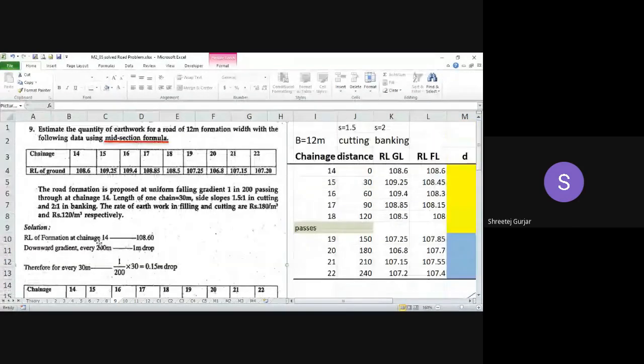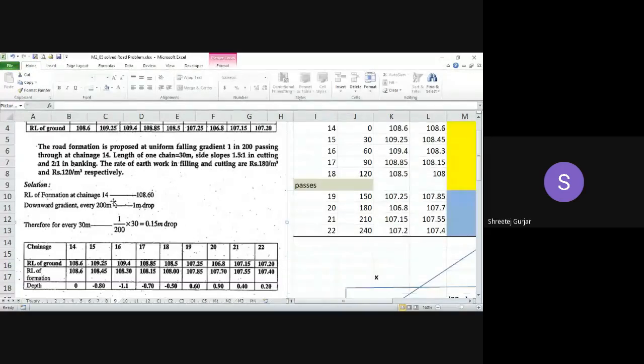They have given that gradient: we have a downward gradient of 1 in 200. Our chainage interval is 30 meters. So 1 by 200 into 30 is 0.15 meter drop. Per chainage, we are going down by 0.15 meters.